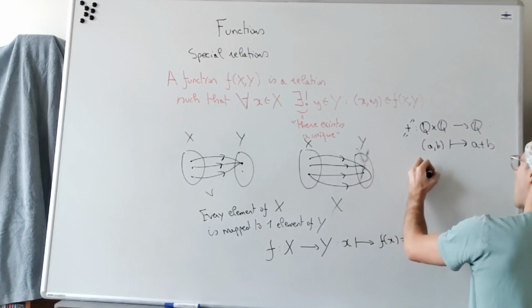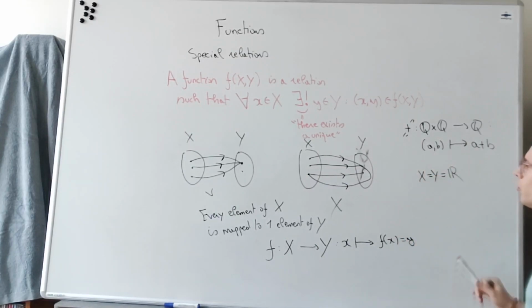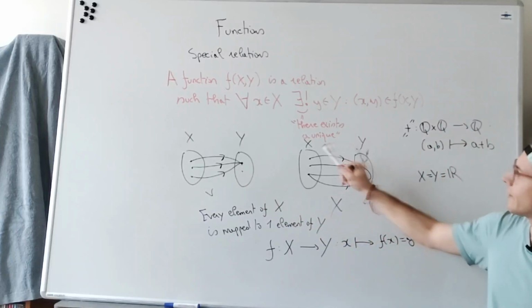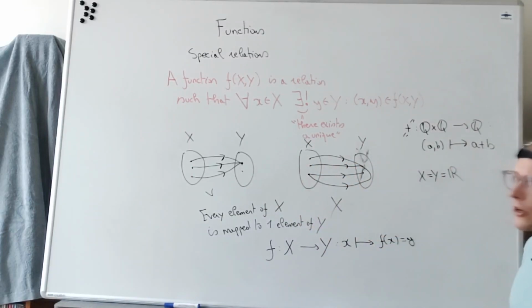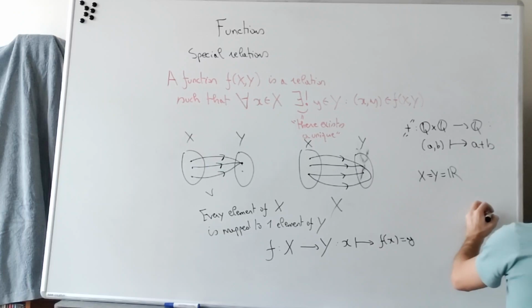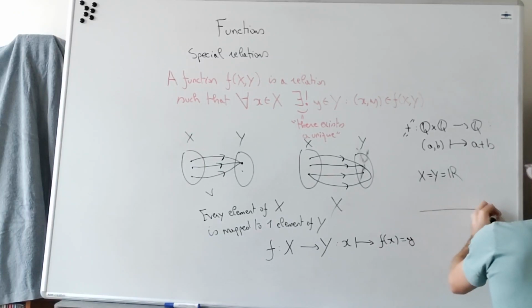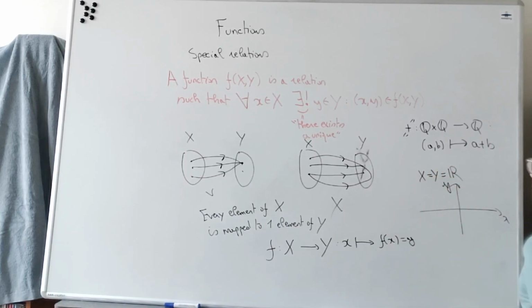If x and y are the real numbers, how would you represent this diagram, because now we have an infinite number of elements? Well, we can draw the x-axis and the y-axis.